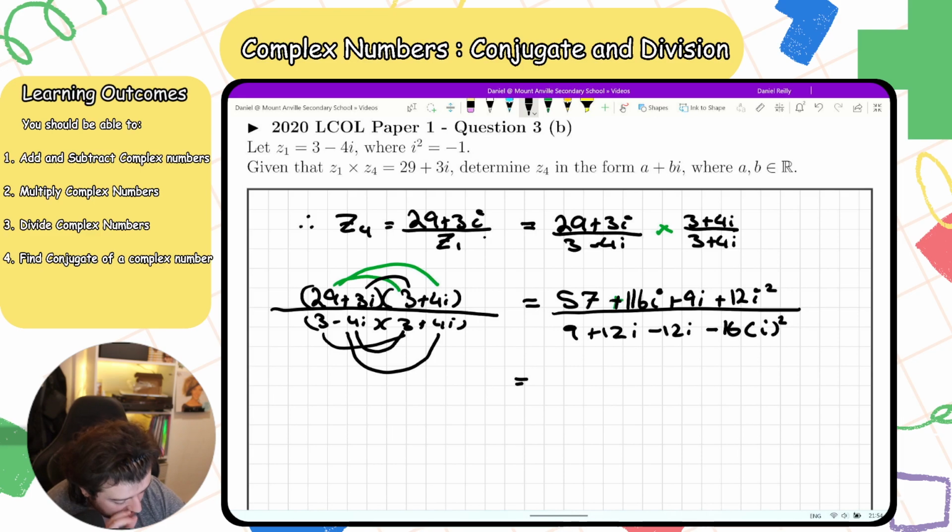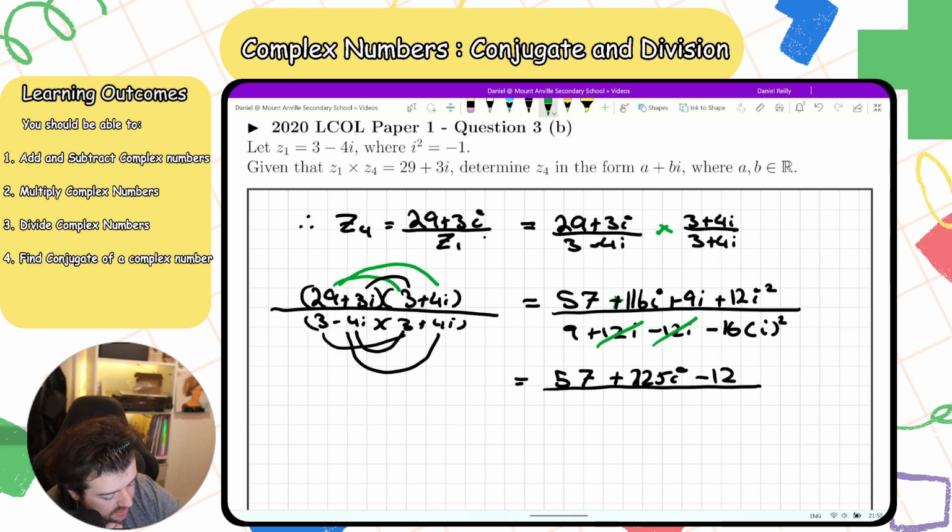So I have here 87 plus 9i plus 116i is plus 125i, minus 12, because 12i squared is minus 12, all over. These are going to cancel out here, and I'm left with 9 plus 16, which is 25.